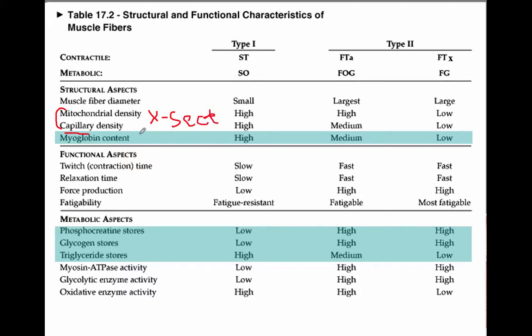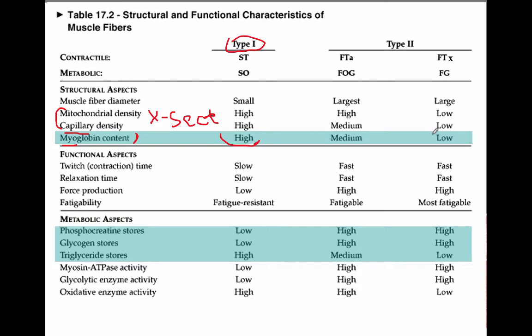Another thing that's related to aerobic energy metabolism is the ability of the tissue to store oxygen. You know that the prefix myo means muscle, and myoglobin is a hemoglobin-like protein that can store oxygen in muscle tissue. And so not surprisingly, the oxidative or aerobic type 1 fibers are going to be high in myoglobin content.